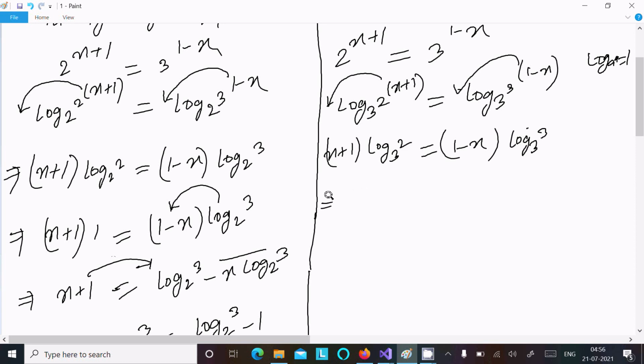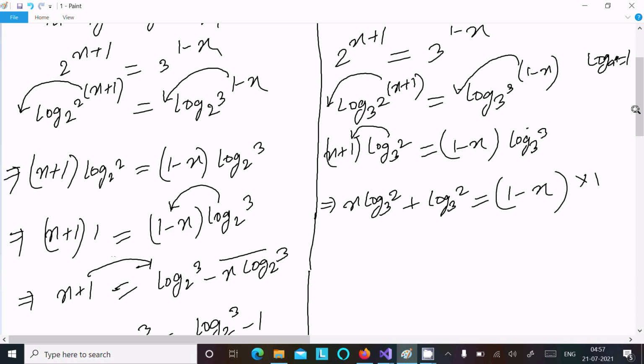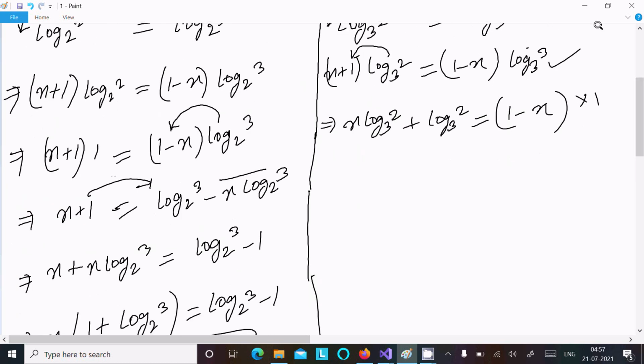So first, multiplying with everything: x log base 3 of 2 plus log base 3 of 2, and (1-x) into 1, since this value is now 1.